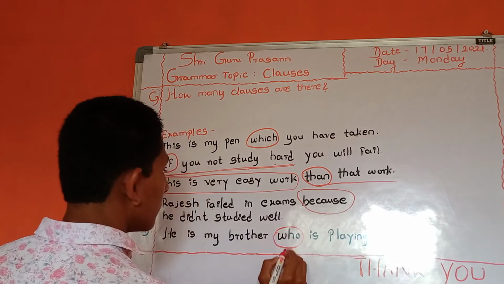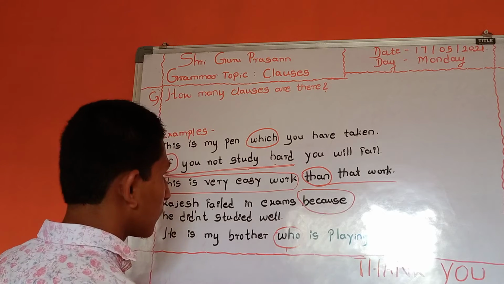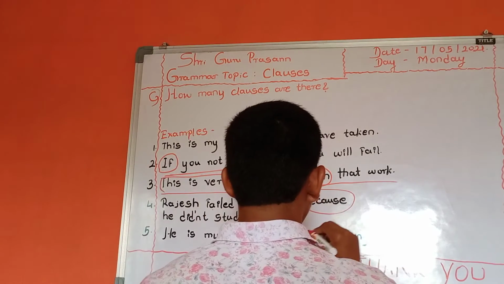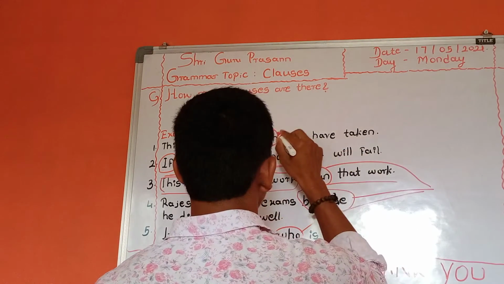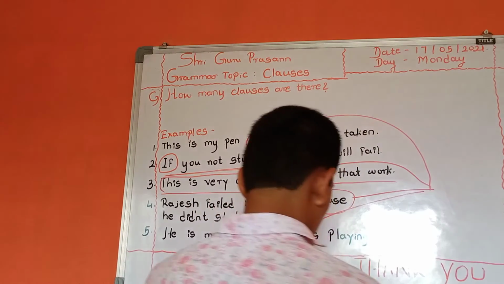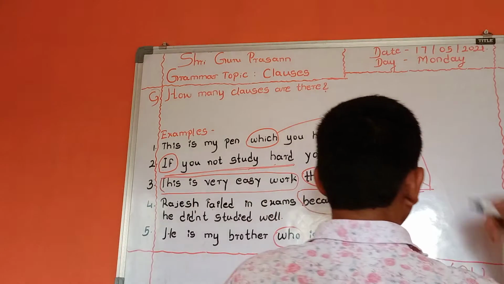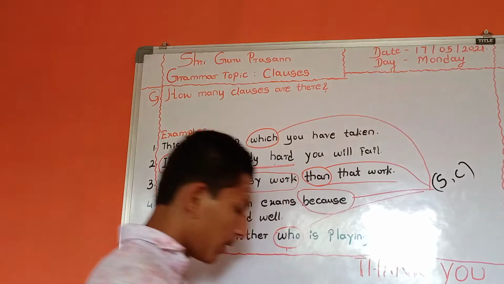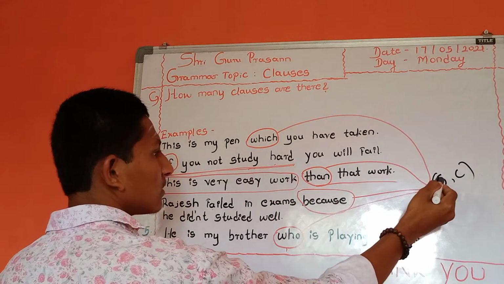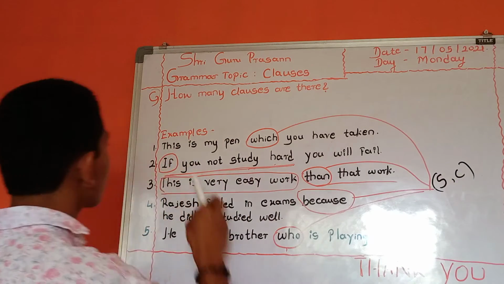Who is the subordinating conjunction. These all are subordinating conjunctions. I will write here in short S and C. You will remember S C means subordinating conjunction.